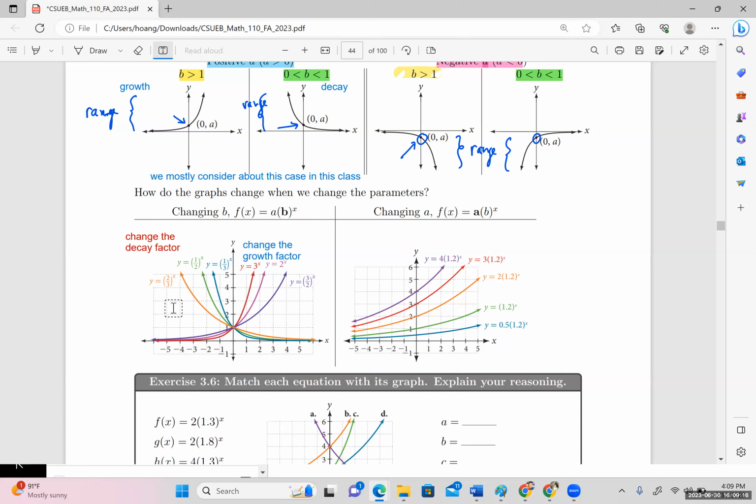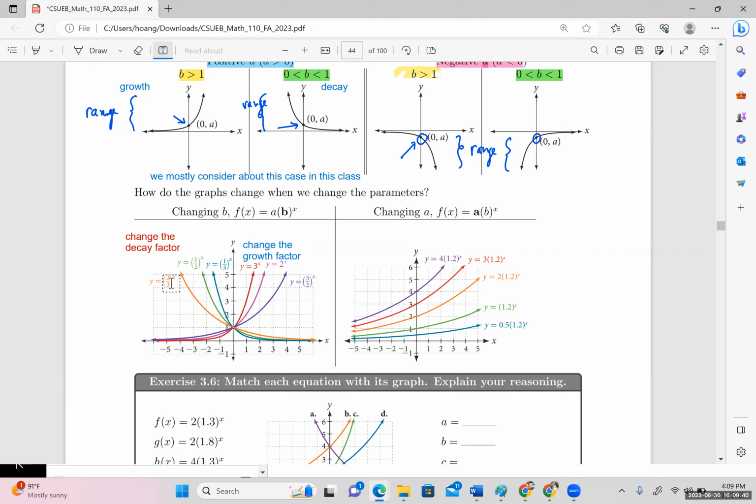And for the one with a bigger decay factor over here, because usually if we call it decay, it's going to be a negative number actually.